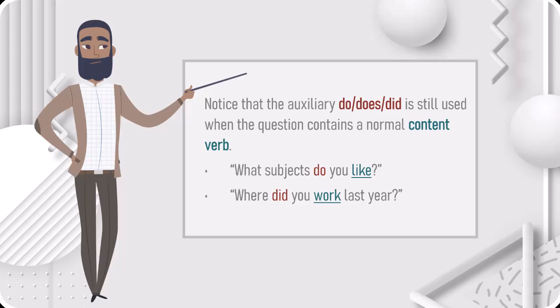Notice that the auxiliary do, does, did is still used when the question contains a normal content verb. For example, what subject do you like? Where did you work last year? Because of the verb like in the first example and the verb work in the second example, we have used do and did respectively.